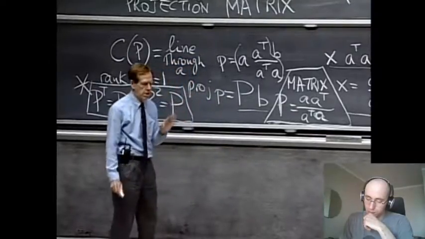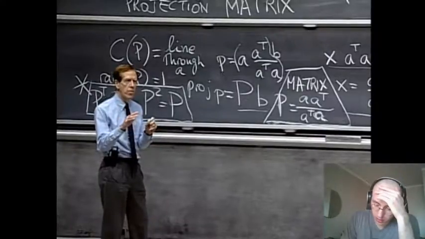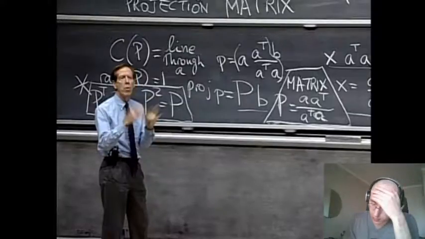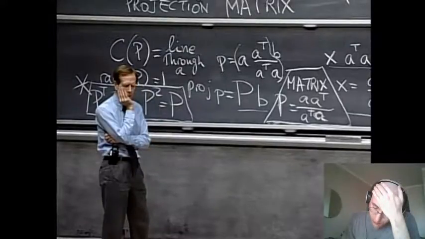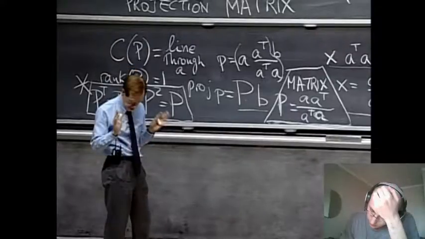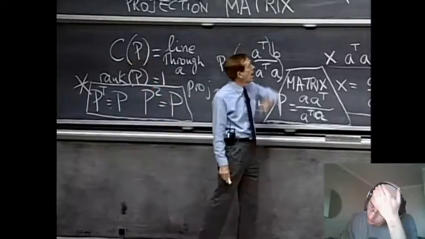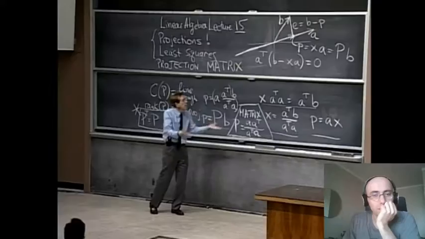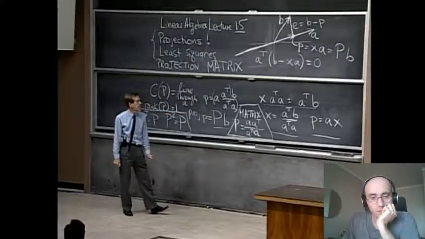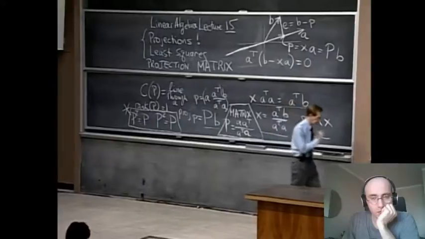Now I want to move to more dimensions. We're going to have three formulas again, but they'll be a little different because we won't have a single line, but a plane or a three-dimensional or n-dimensional subspace.